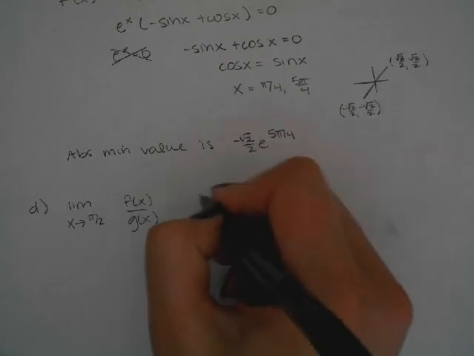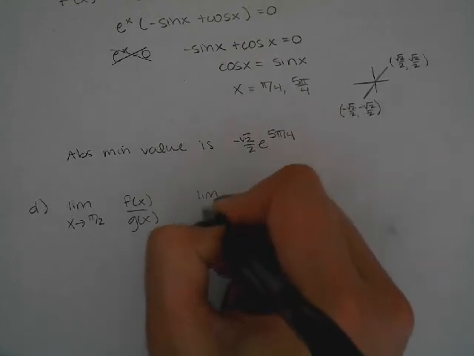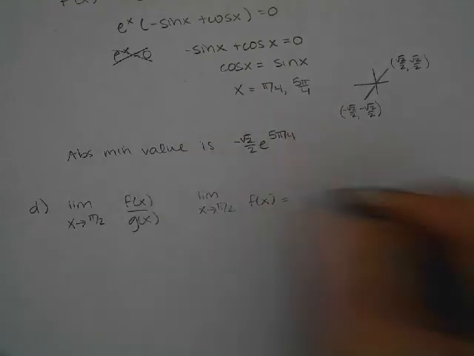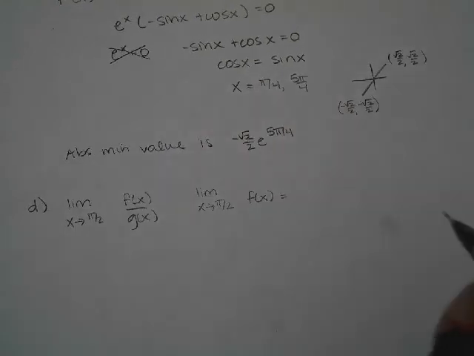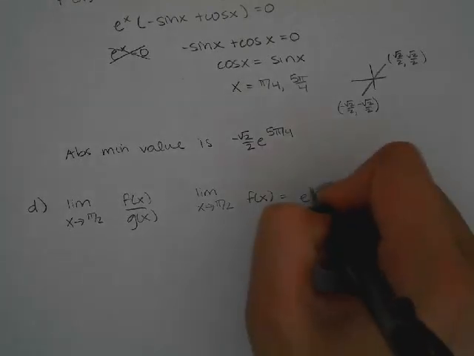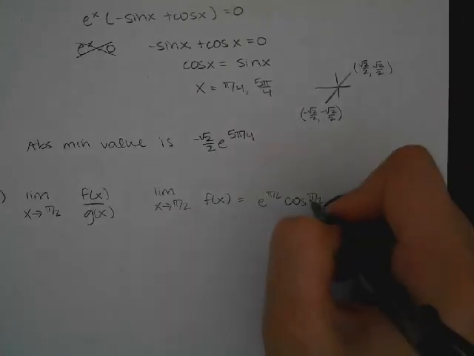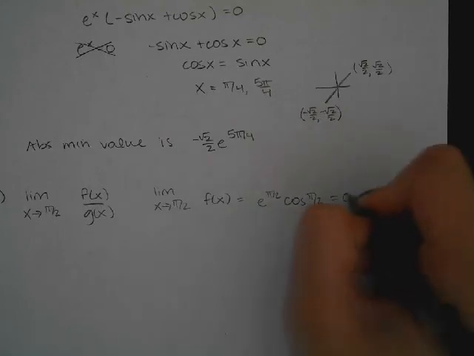And since I knew that, I went ahead and I just went straight into the correct notation for L'Hopital's. So I said, okay, I'm going to do the limit as x goes to pi halves of f of x. And the limit as x goes to pi halves of f of x would just be e to the pi halves cos of pi halves. And then cos of pi halves is 0, and so that gives you 0 there.